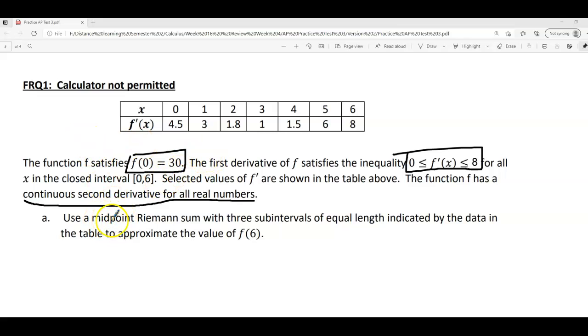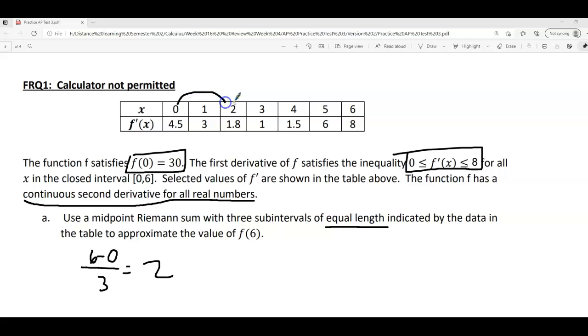So it says use a midpoint Riemann sum with 3 subintervals of equal length indicated by the data in the table to approximate the value of f of 6. If I wanted to do equal length intervals, I need to do 6 minus 0, find the total length of the interval, and divide by how many intervals you want. And that means we're going to be going by 2s.